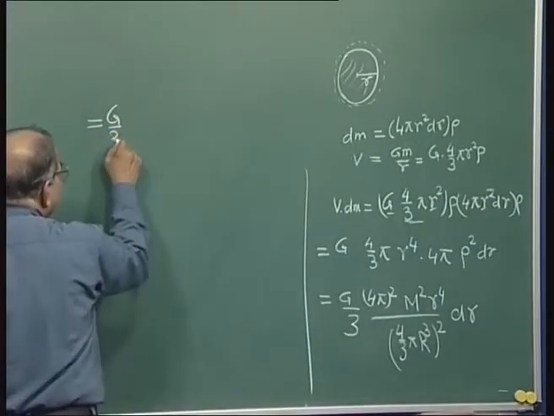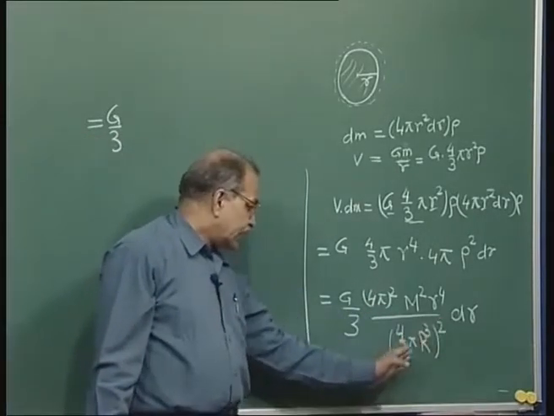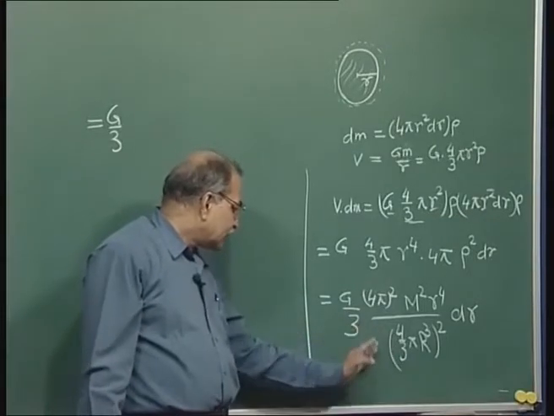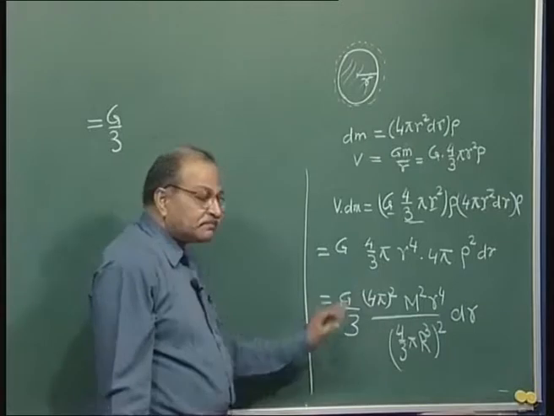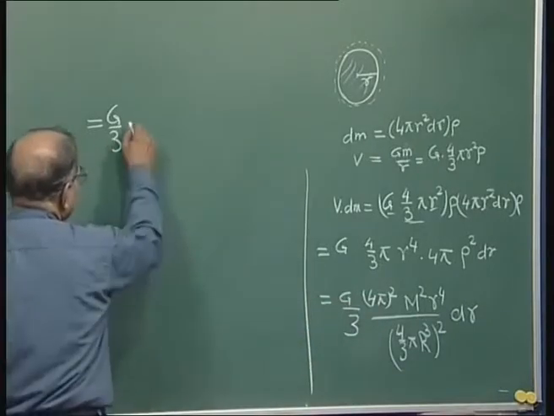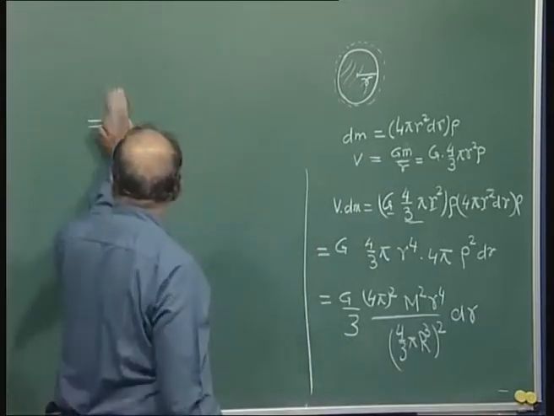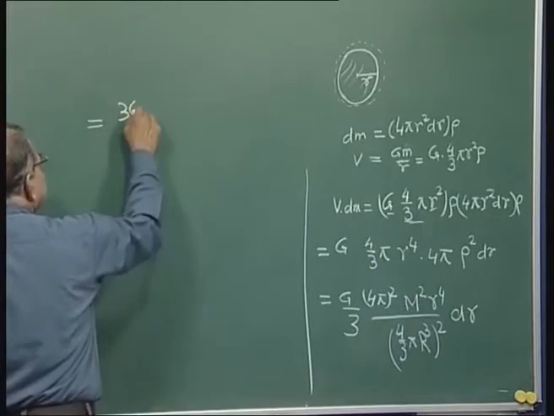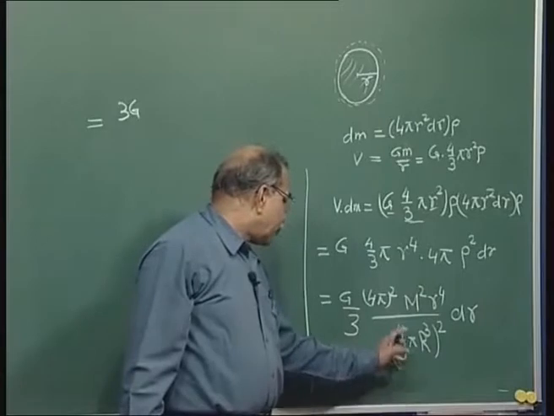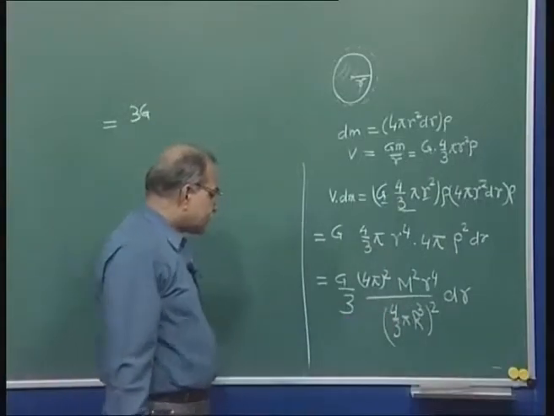Okay. So, this will be equal to G by 3, this 4 pi square and this 4 pi square go away, and this 3 square here will be 9, 1 by 9. So, 1 by 3, this 3 cancels and this 3 goes up. So, let me write it as 3 G. This 4 pi square and 4 pi square cancel out, and then what is left?